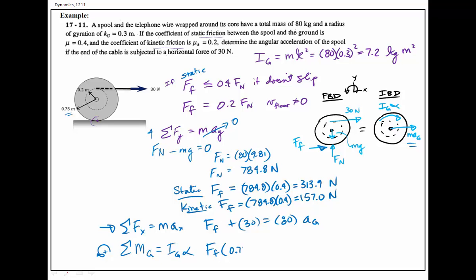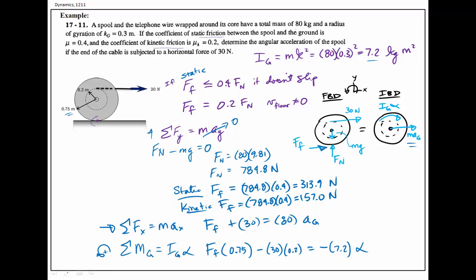And the load that's being applied to it, that 30, is in the clockwise direction, times 0.2. And so that's negative. It's going to be equal to the mass moment of inertia times alpha. Now that's acting in the negative direction. The mass moment of inertia is 7.2, and that's going to be times alpha.